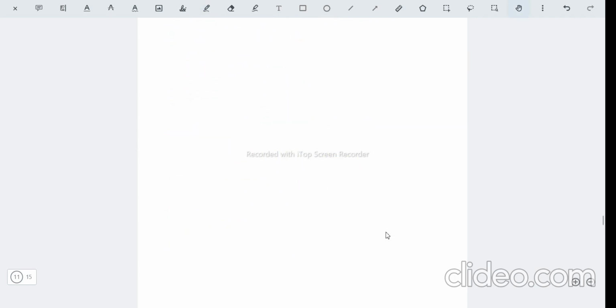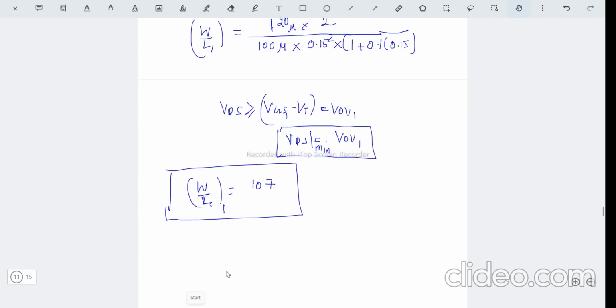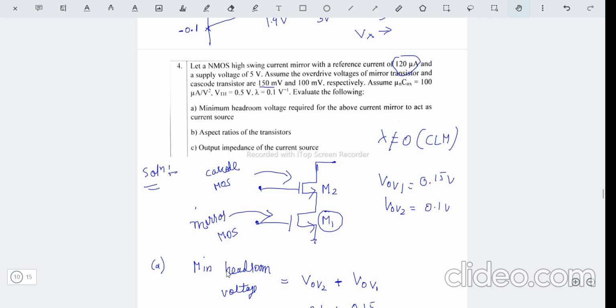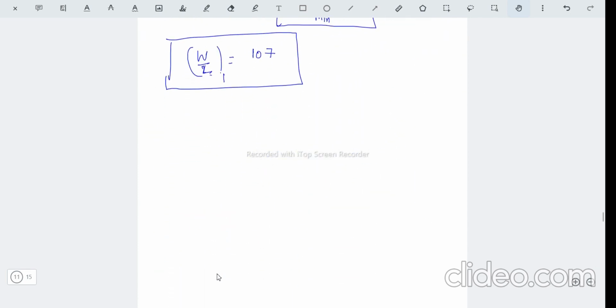Similarly, we do it for the other MOSFET, the aspect ratio of M2, W by L of 2, which is the cascode MOS. We obtain it using the same equation. ID2 is half mu n Cox W over L of 2 times VGS minus VT whole squared, that is VOV2 squared, times 1 plus lambda VDS2.